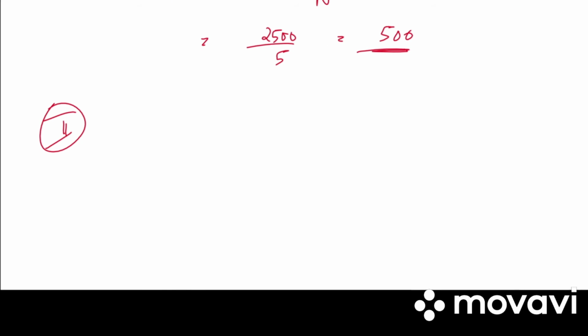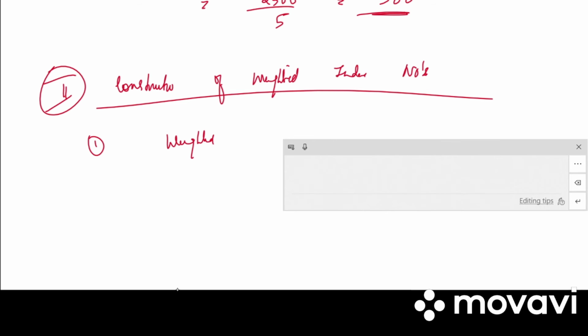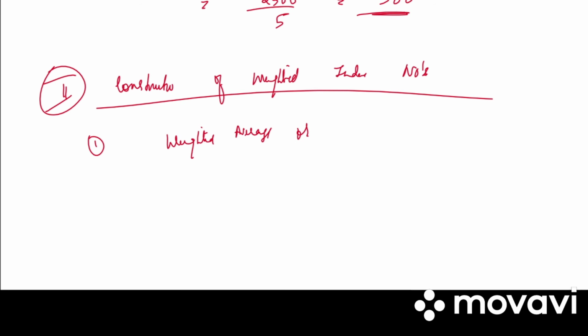Write this second one. Construction of weighted index numbers. Under that, write the first one. Weighted average of price relative method.